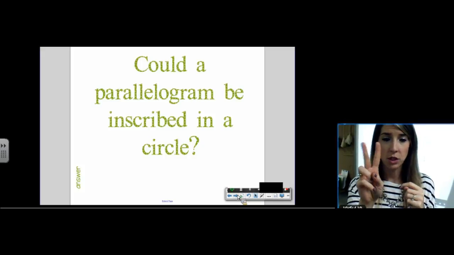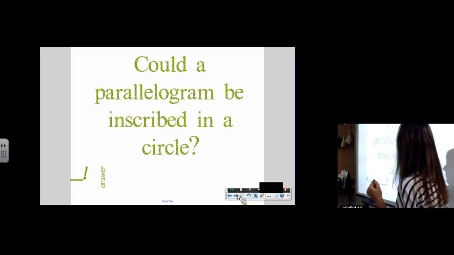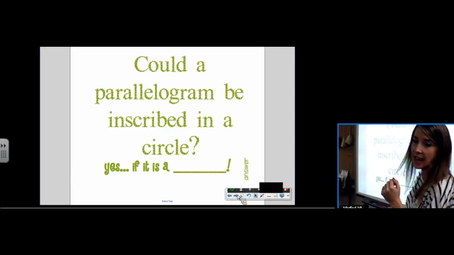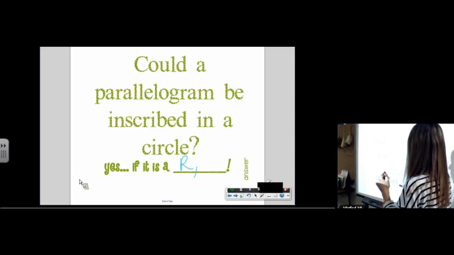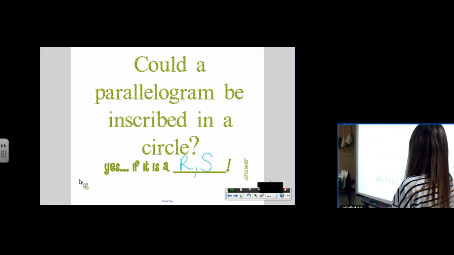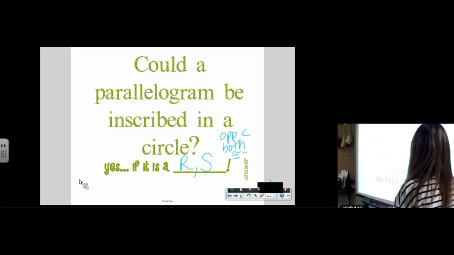Two times. Which ones? Yes, if it's a rectangle or square. Those are the two times when the opposite angles are both congruent and supplementary.